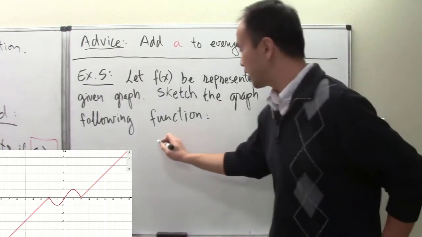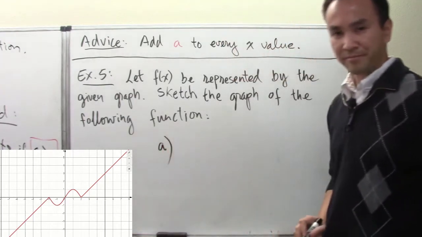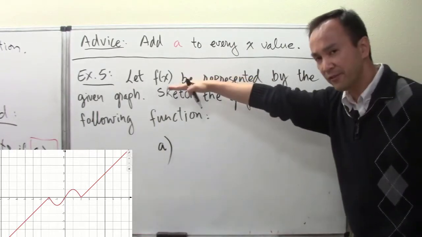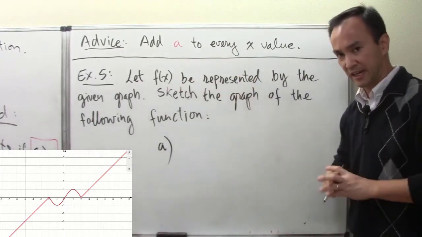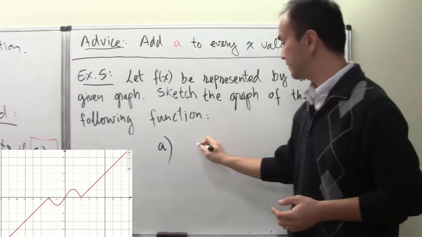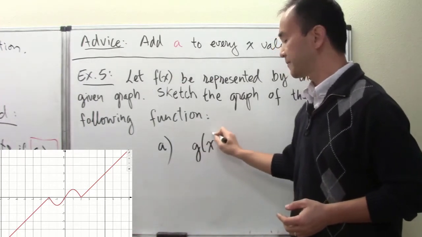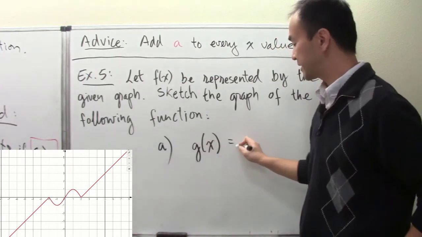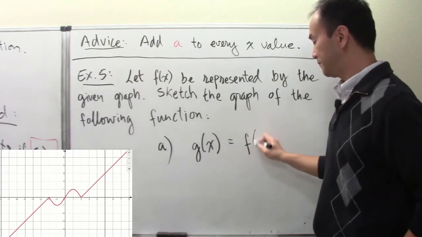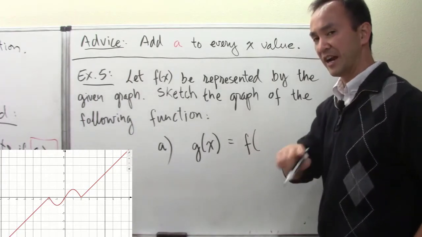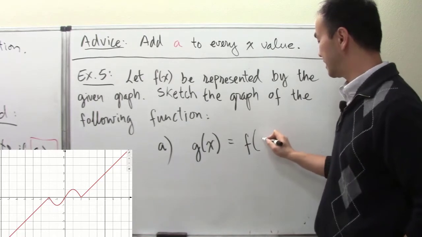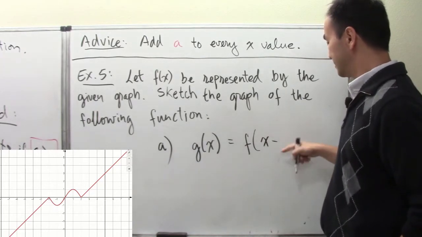So now I'm going to show problem A right here. That means now I'm treating f of x with that graph as the parent function. So now let's graph g of x to be f of x minus 3/2.